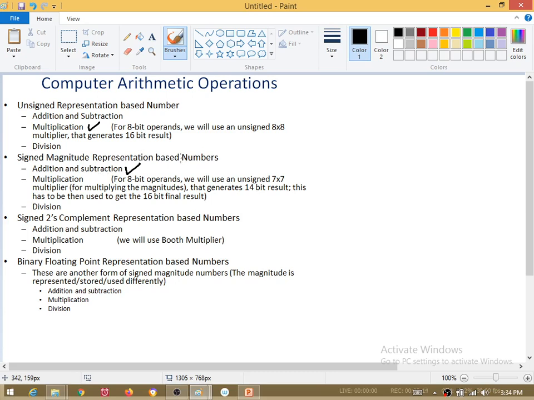So if you recollect, we had taken a look at a table, and the table was a function of whether your two operands are positive or negative, what is the operation that you want to do between the two operands, and if your operand A is greater than operand B, or A is less than B, or A is equal to B. And accordingly we have to take a decision that do you want to do A plus B, or do you want to do A minus B, or do you want to swap your operands and make it B minus A, or do you have to choose the final answer's sign.